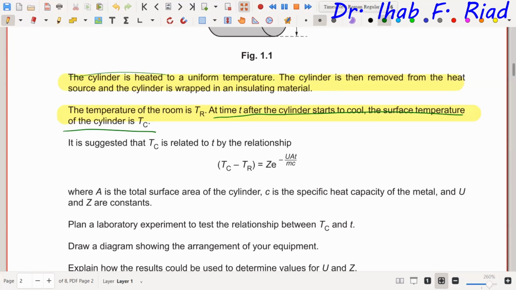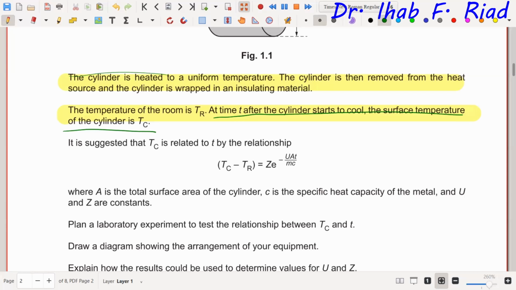So we are going to get temperature TC as it is cooling down for half an hour at a constant interval of 1 minute. For example, it could be every 5 minutes, every 2 minutes, as we decide. The question here doesn't need to know this kind of details, okay?